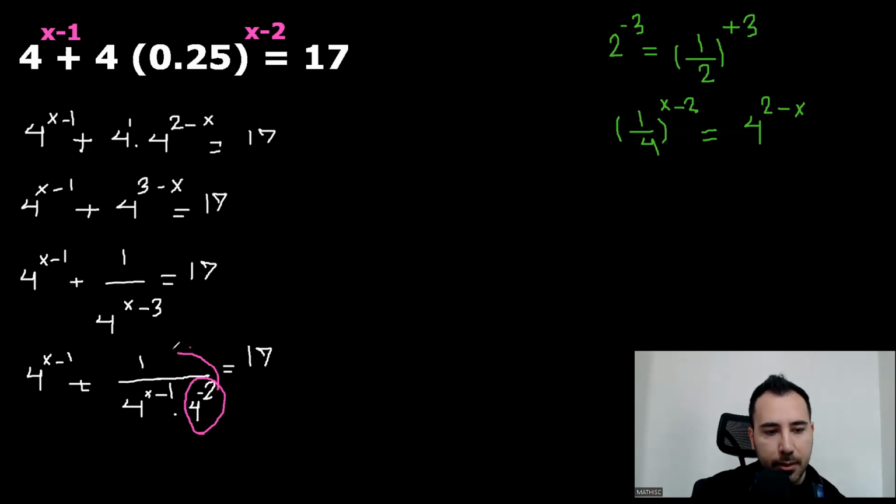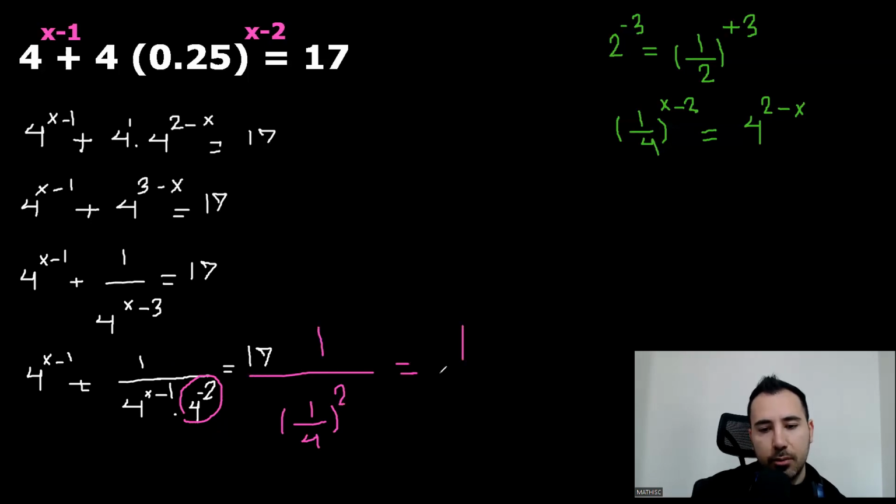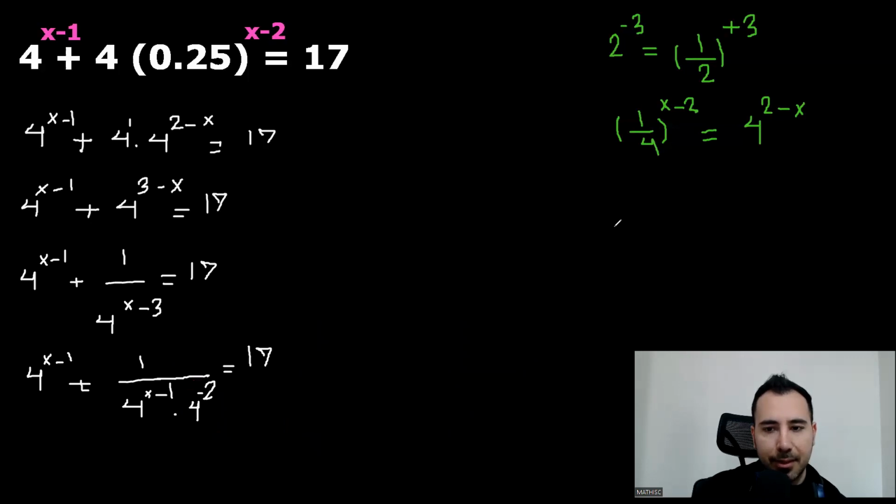If it goes on top, this becomes 4 to the power of 2. In other words, this is the same as 1 over 4 to the power of 2, so it's 1 over 16. And the result here would be 16. So this is actually a 16 here, so I'm going to clean it and make this one 16.